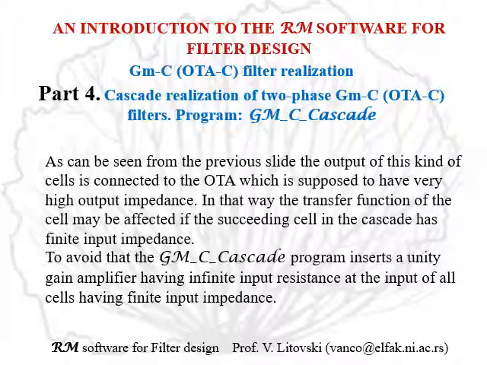To avoid that, the GMC cascade program inserts a unity gain amplifier having infinite input resistance at the input of all cells having finite input impedance.